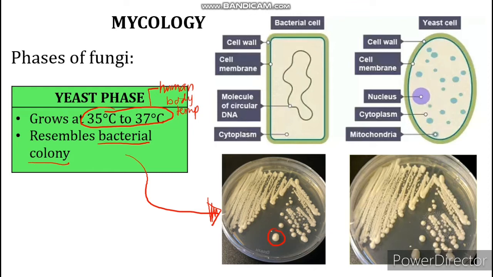So makikita nyo, both of them have cell walls. Both of them also have cell membrane. While for the cytoplasm, both din na meron sila. Anong difference nila? Again, your fungi are eukaryotes, meaning they have a true nuclei, unlike with the bacterial cell, which only contains a DNA.